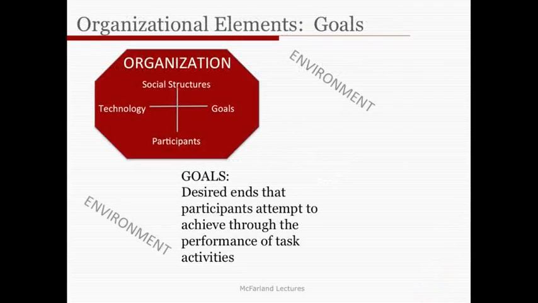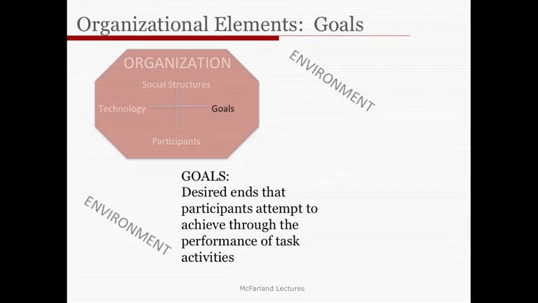Third, organizations have goals. And these goals are desired ends that participants attempt to achieve through the performance of task activities. So for example, in K-12 schooling, kindergarten through 12th grade, the goal is the technical and moral socialization of youth. If we focus on faculty in universities like Stanford, we can see a historical change in what goals are present.